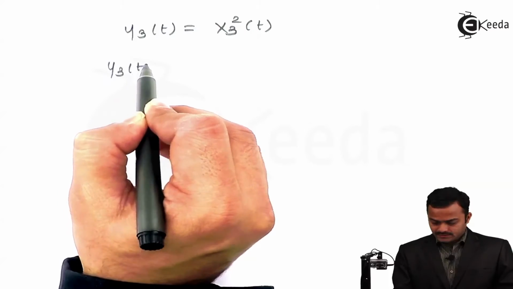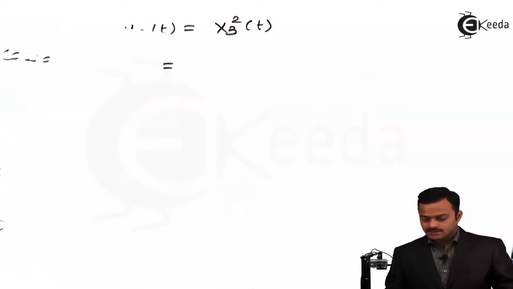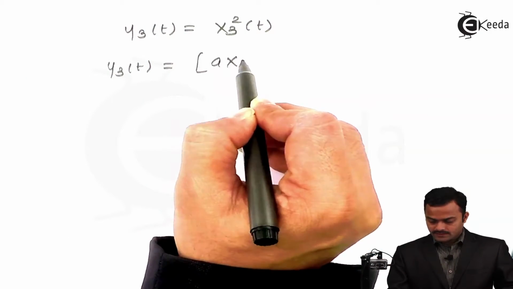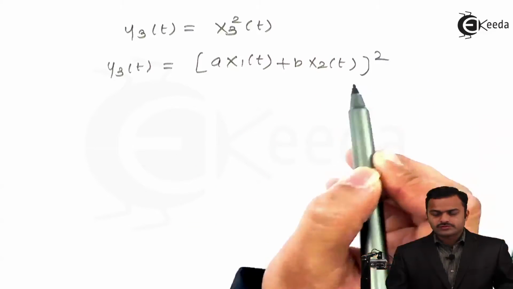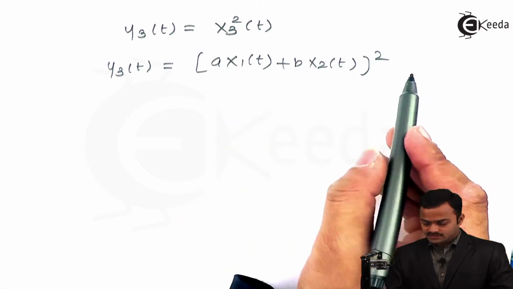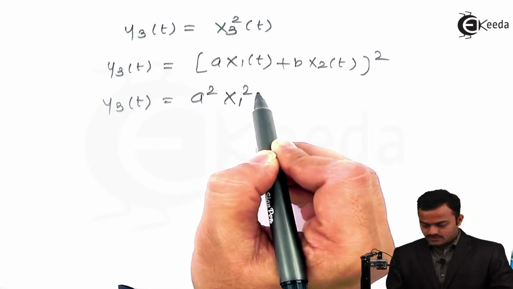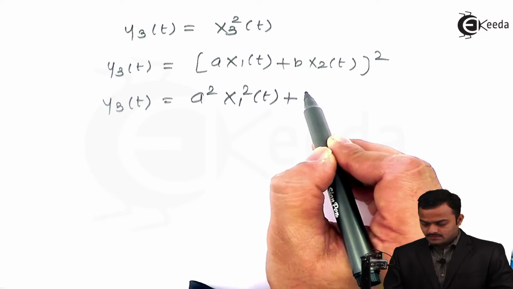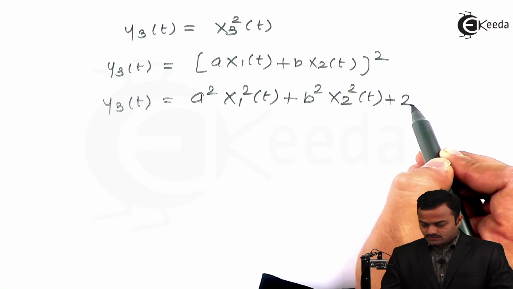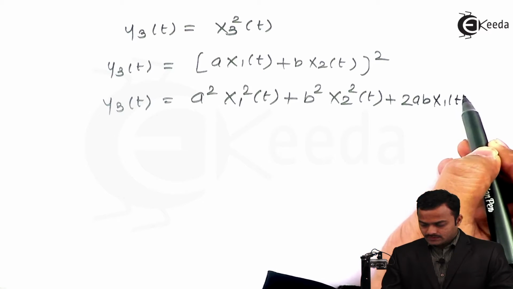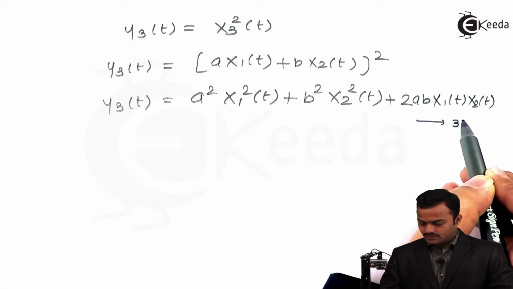So y3t is the whole square of a x1t plus b x2t, and if I solve this, it will be a square x1 square t plus b square x2 square t plus 2ab x1t x2t. This is equation number 3.